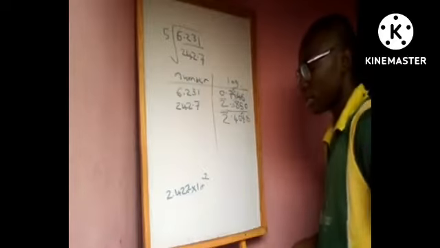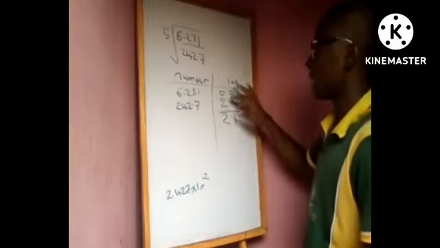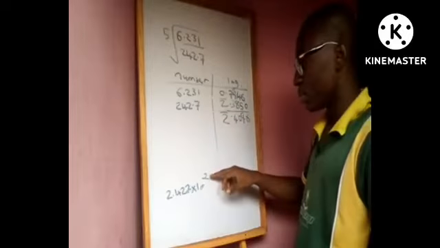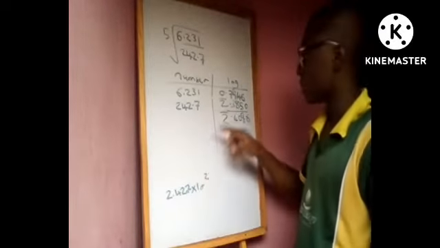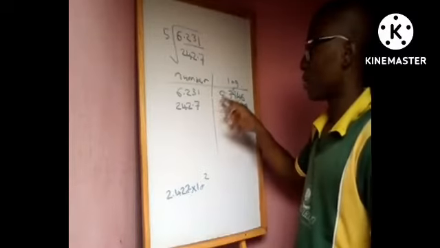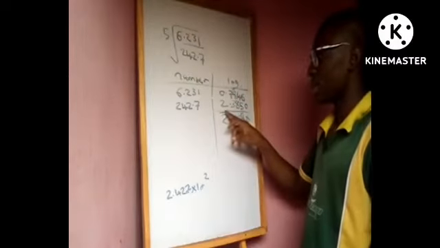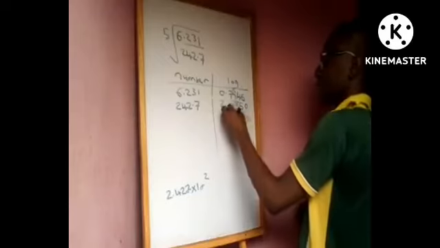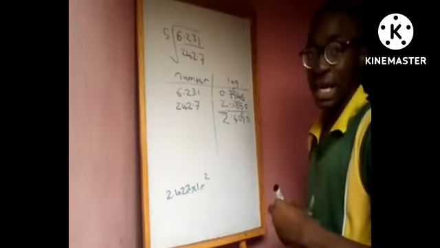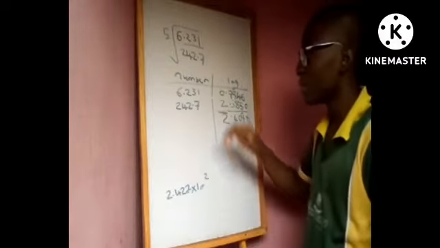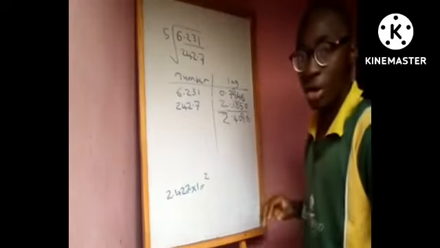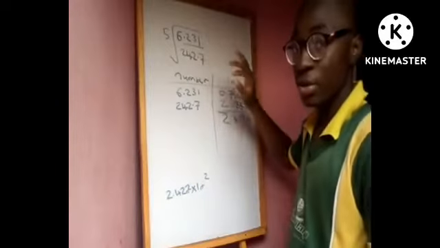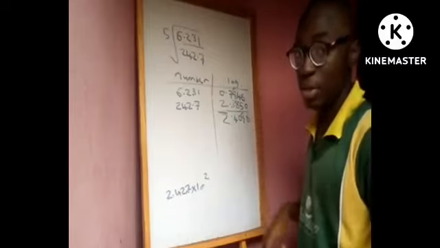Having done that, the logarithm of this one is actually 10 to the power 2, so it's a positive 2. So that will be 0 minus 2, that's -2. So now we've gotten the answer here. Next we are looking for the fifth root of this result. When you are looking for the fifth root of a number, it simply implies you are dividing the logarithm by 5.